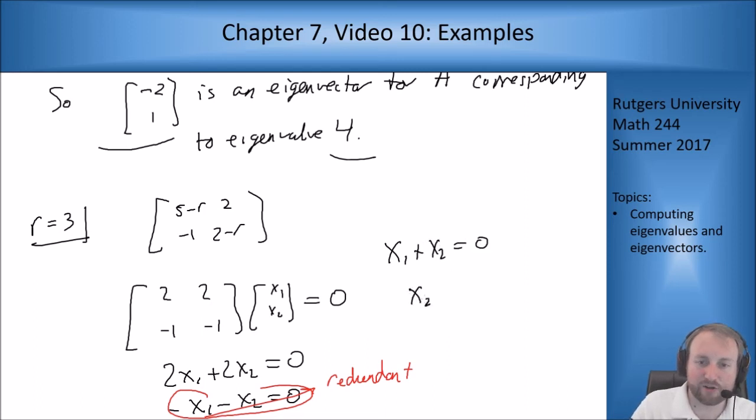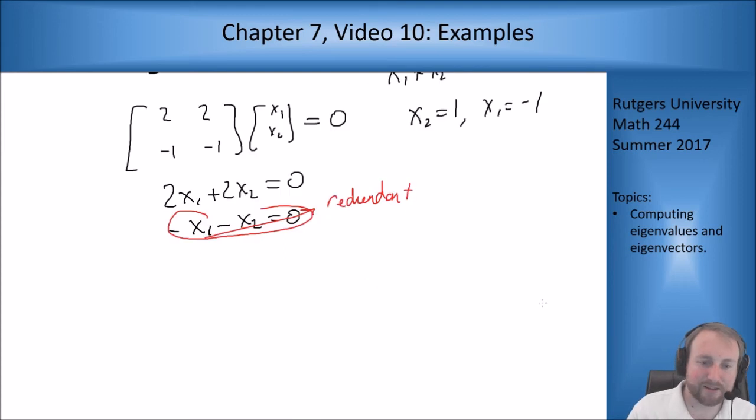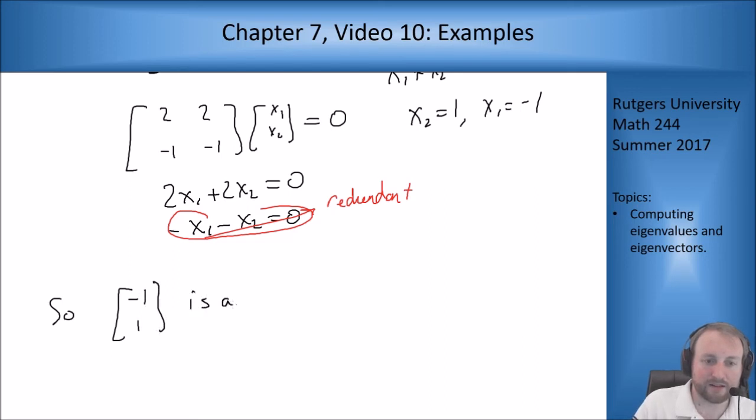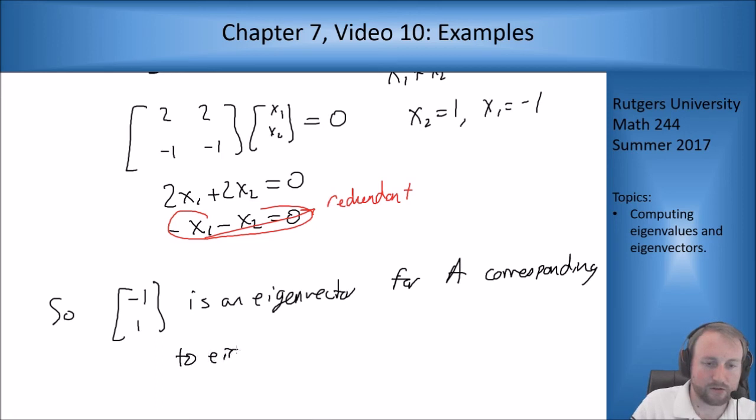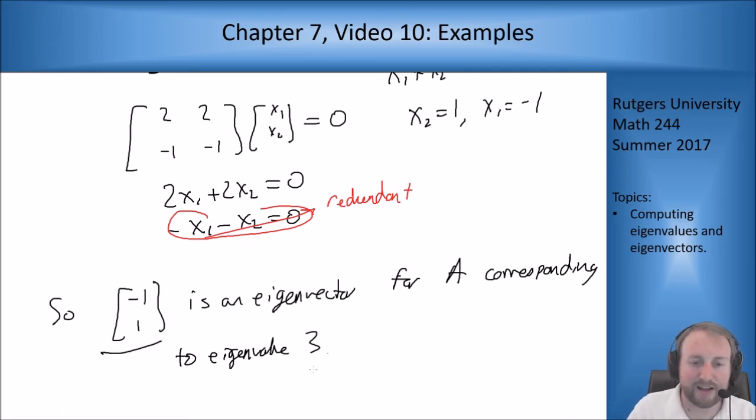So if I set x2 to be 1, I get x1 equals minus 1, which means minus 1, 1 is an eigenvector for A corresponding to eigenvalue 3. Cool. So there I have found eigenvalues and eigenvectors.